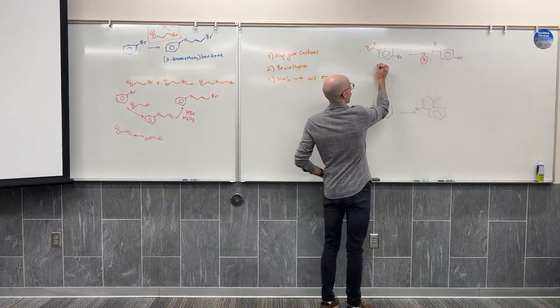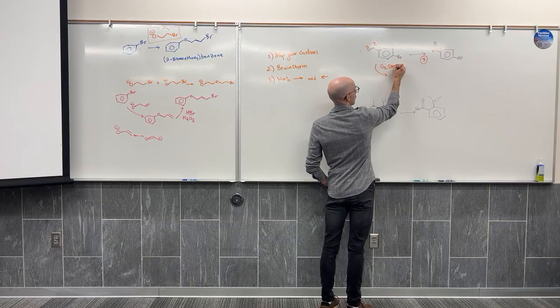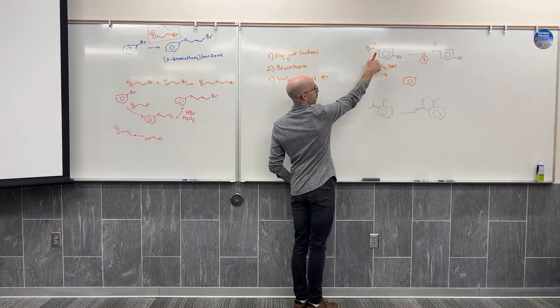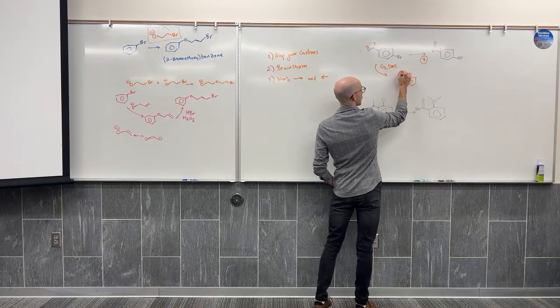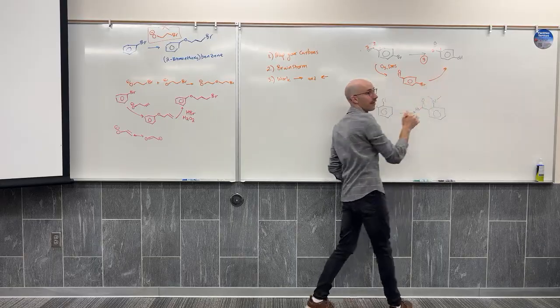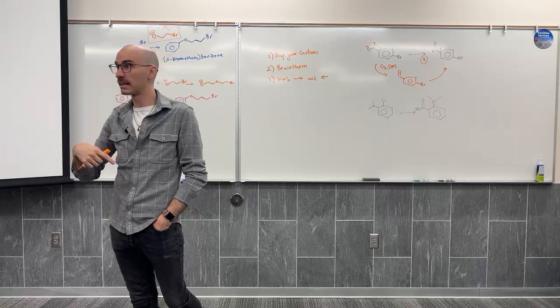So I'm going to start with O3 and DMS, or zinc, which gets me from parabromostyrene to parabromobenzaldehyde. And now I have an electron withdrawing group that is para to my leaving group.